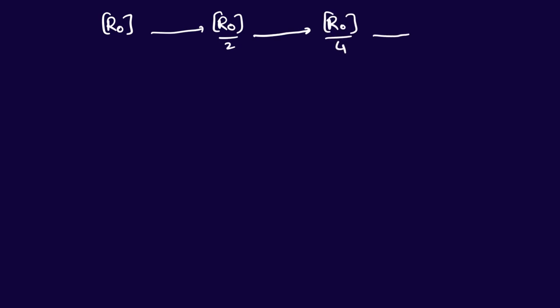Therefore, R naught concentration converts into R naught by 2, this converts into R naught by 4, this converts into R naught by 8. So this is one half life, second half life, third half life.